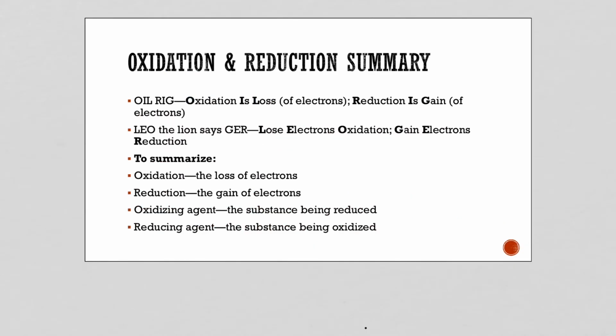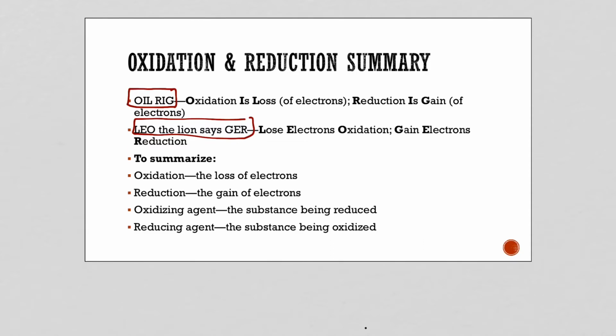So let's summarize these terms again. First, I want to point out a couple of mnemonic devices that may or may not be helpful. If they are, use them. If not, don't. The one in the book is this: oxidation is loss, reduction is gain, OIL RIG.